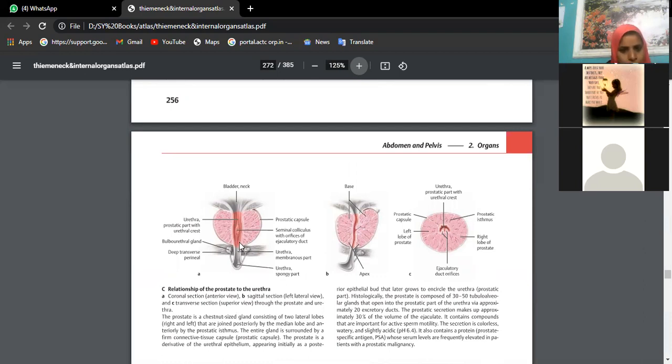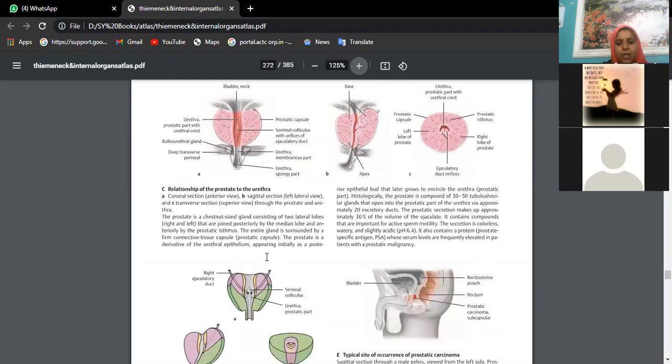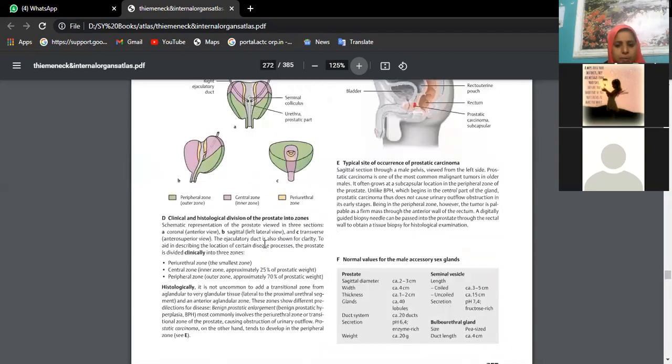Okay, so you are finding the ejaculatory duct. Just now I told you it is formed by the joining of the vas deferens and seminal vesicles, which is opening in the center of this prostatic part of the urethra. This midline elevation in the prostatic urethra is called the seminal colliculus. You can observe it tomorrow when they are showing you the urinary bladder. Try to retract the prostate, you will be able to see these minor details.